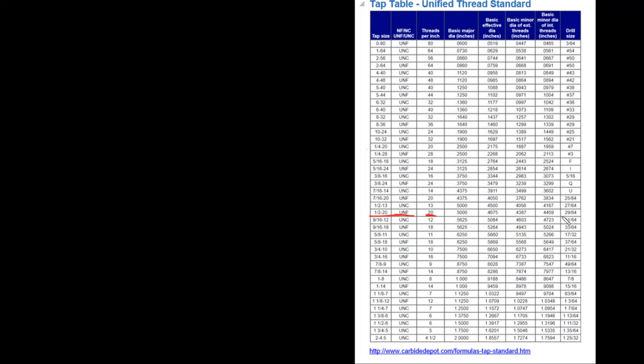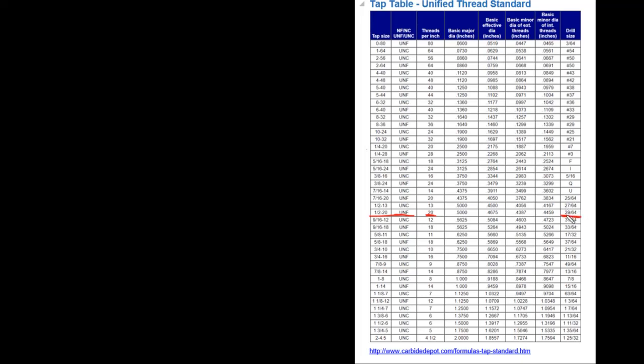And it says that we're supposed to use a 29/64 drill. So you can compare that to a coarse threaded half-inch threaded hole, which would have 13 threads per inch, and you would use a different, smaller drill to drill that hole.